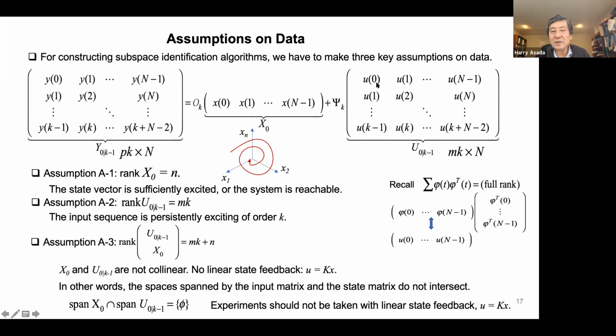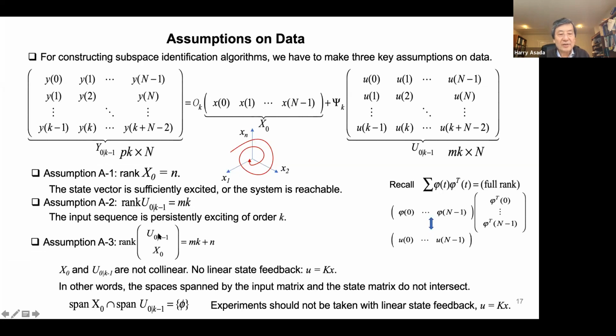So this one is to be full rank, right? If this one is full rank, with one time shift this should be full rank too, all full rank. So an MK full-rank matrix is sitting here, and that is the assumption: U naught K1, rank MK.